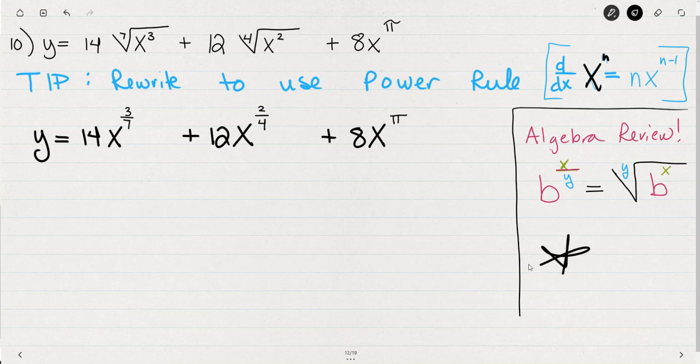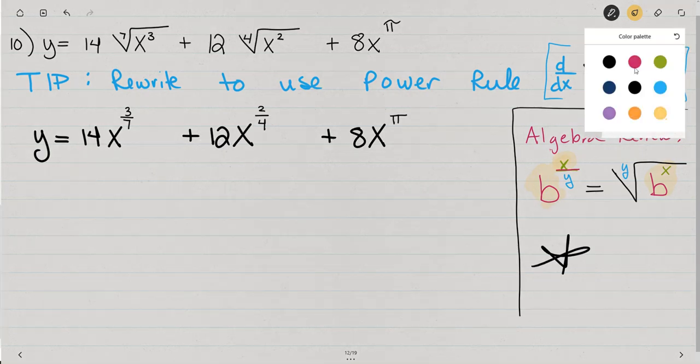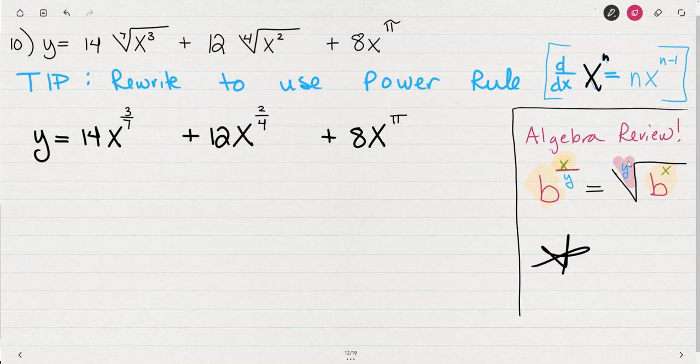Now, if that wasn't natural for you, then I want to remind you of this algebra review. Any base raised to a rational exponent, x over y, the x sticks to the base, and then the y, the index of the radical, is going to go into the denominator.